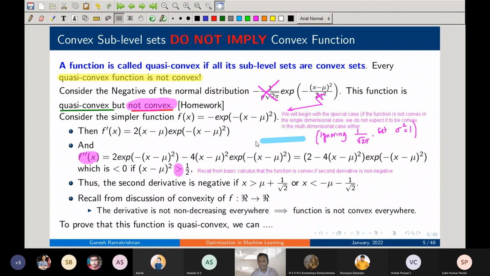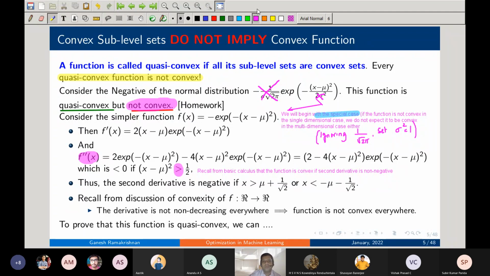If there are no questions, let's just proceed with this proof. Special case can be for multiple reasons, and this is a very valid reason here. Now f double dash x, we have this expansion. It's basically exp of minus 2 x minus mu square. That is all fine. The exp is always going to be positive.